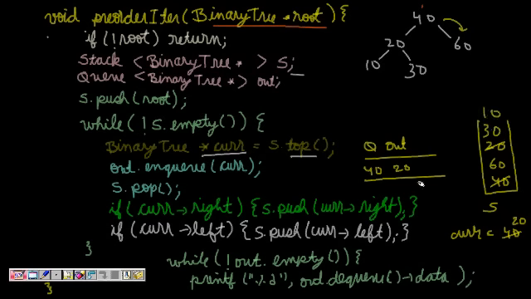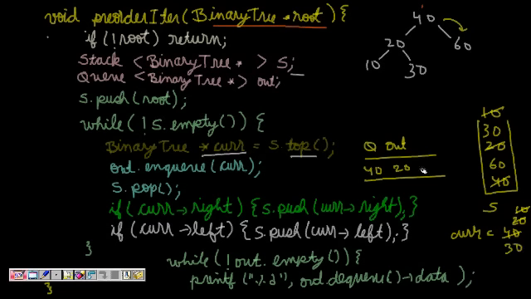So this happens, and now again the stack is not empty, so s dot top, current is now 10 and it is popped out. It has no left and right child, so nothing is pushed onto the stack, but again the stack is not empty, so I iterate, and then current is s dot top, which is 30 here.